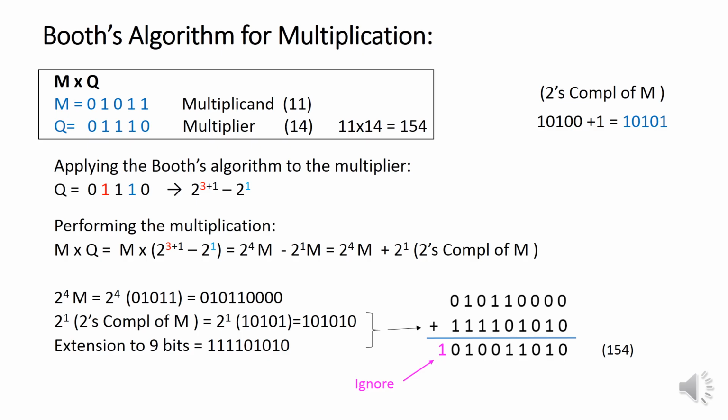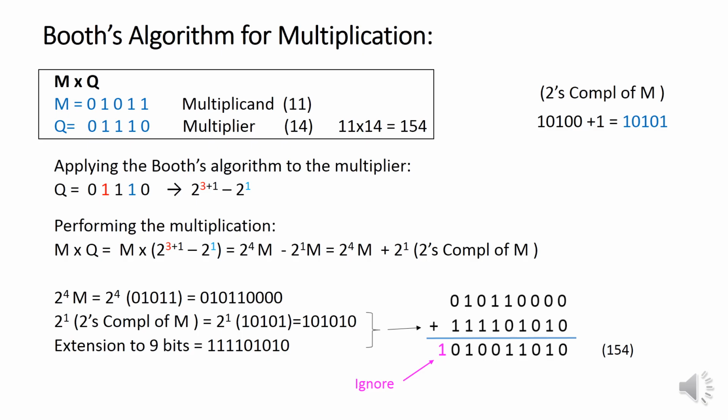Note that for the multiplicand I have chosen any number, but for the multiplier I have chosen a number made by a sequence of ones having a leading 0 and a succeeding 0. Let's proceed to perform the multiplication.